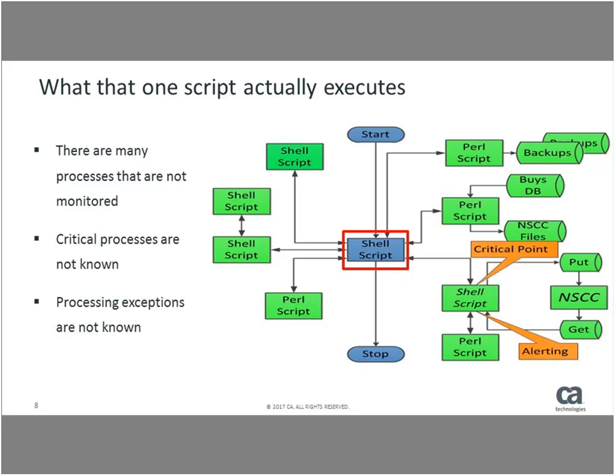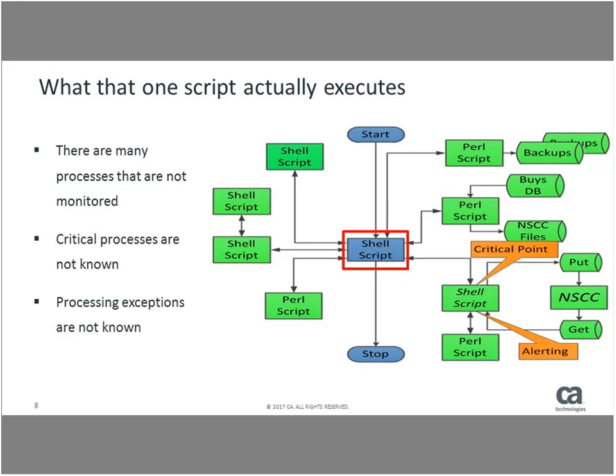It could run Perl scripts that may be doing backups before you do a database update for recoverability purposes. You could be doing some FTPs in there. So buried in this complex wrapper shell script could be that one business process that is the critical point that you need to alert on.